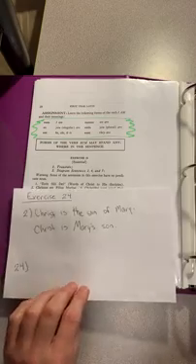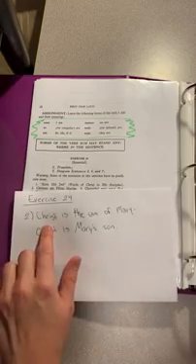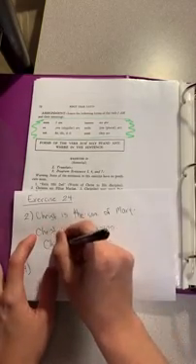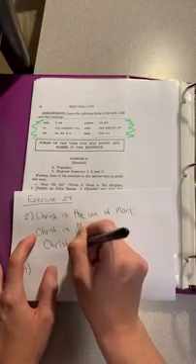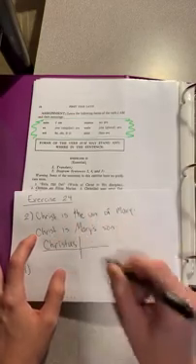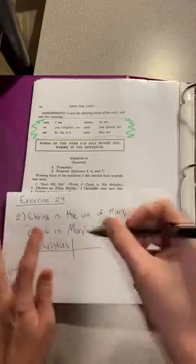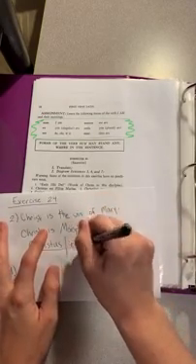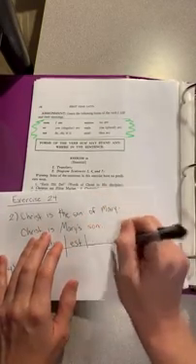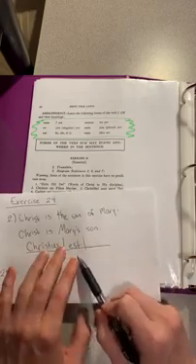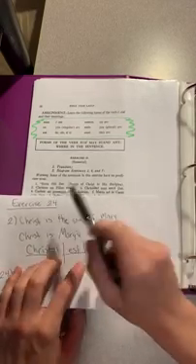And then it says to go diagram it. Well, our subject is Christ, Christus. Our verb is this helping verb, est, or is. What is he? Well, he's the Son, Filius.